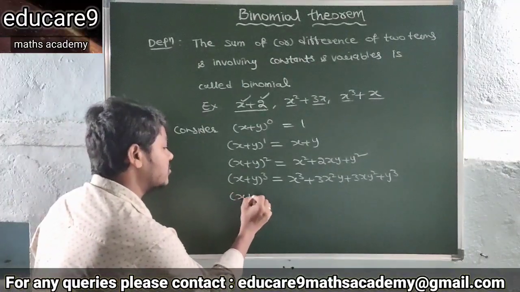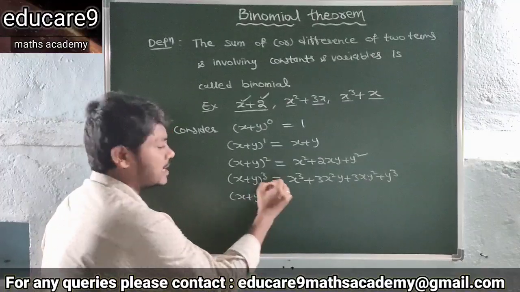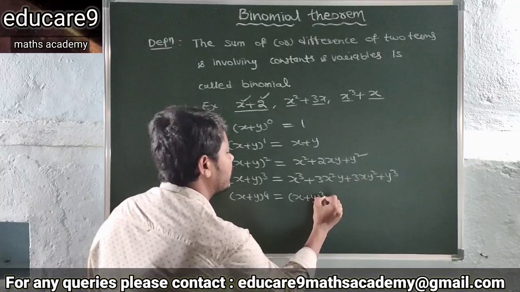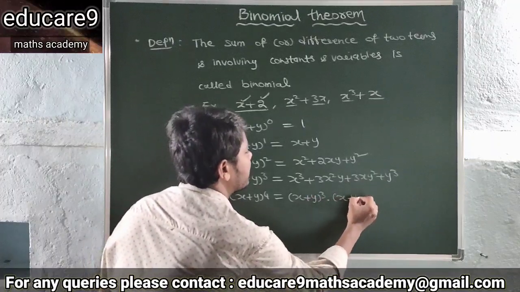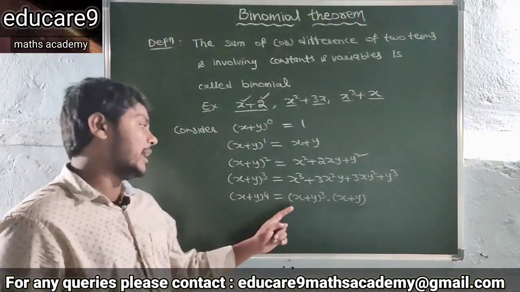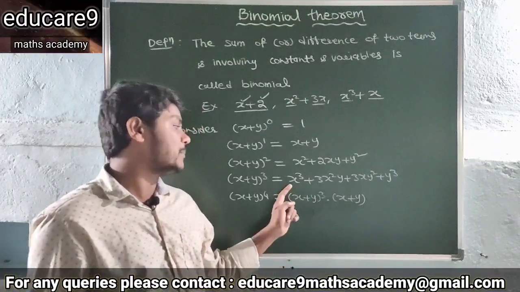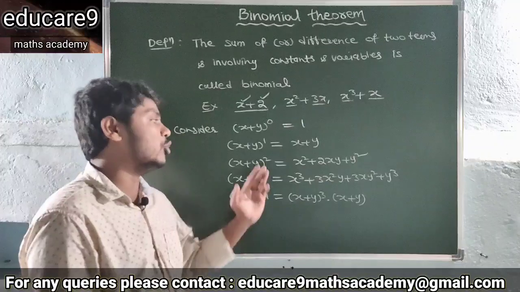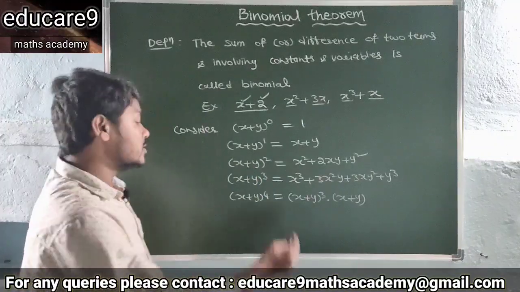It can be written as x plus y whole to the power of 3 into x plus y. Multiplying the expansion of x plus y whole to the power of 3 with x plus y, we get x plus y whole to the power of 4, and so on.